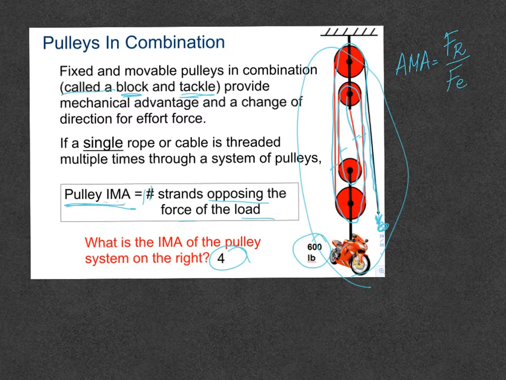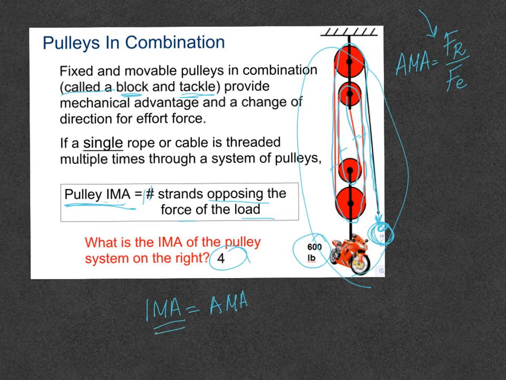Now, if I want to find the force that I need to move that bicycle, I can use that equation. Why? Because I'm going to assume that the ideal mechanical advantage is equal to the actual mechanical advantage, which is not what is happening in real life, but I'm going to assume that I have 100% efficiency here.